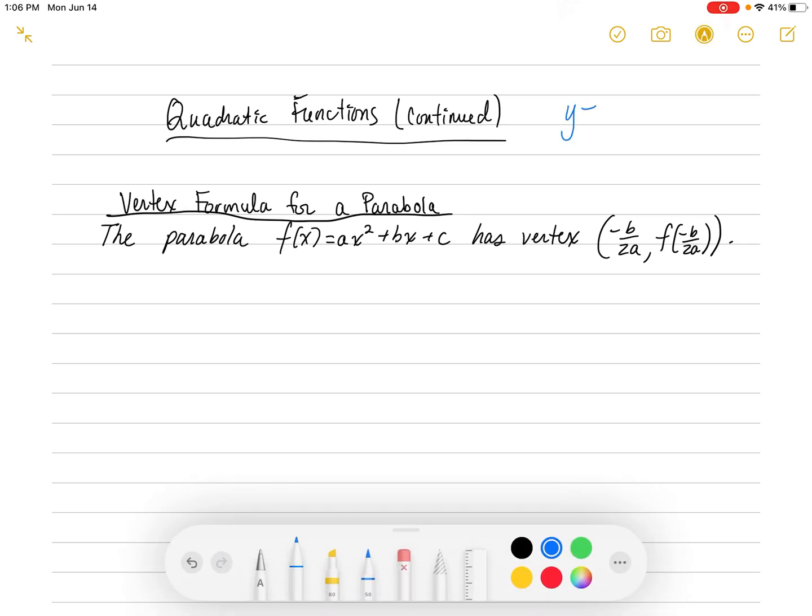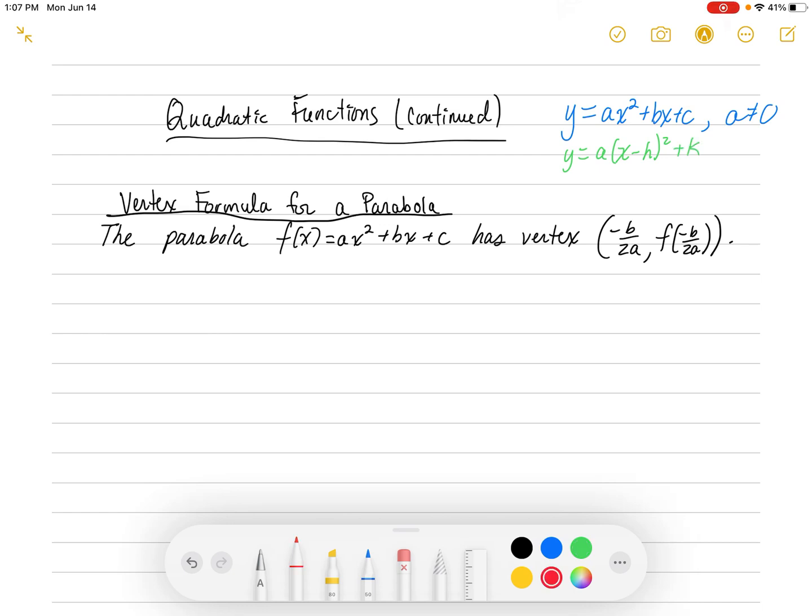So we started looking at quadratic functions, and we said that in general, a quadratic function has the form ax squared plus bx plus c. A, b, and c are numbers, a is not 0.